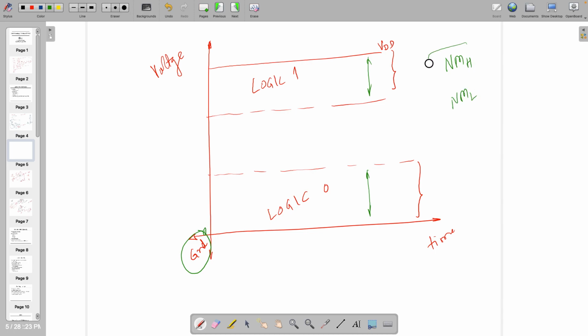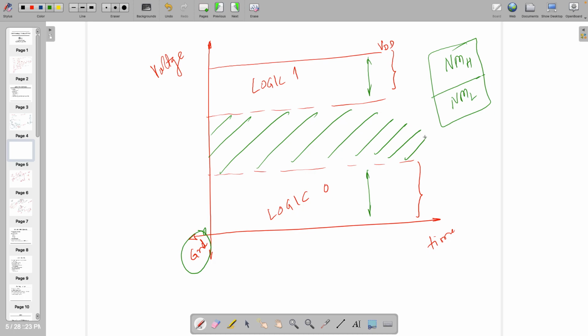There is always a noise margin high and noise margin low. This maybe you are going to study in a digital course, right? So there are always noise margin high and low. However, there is some gray area where it's an undefined state. It's neither logic 0 nor logic 1. So as the voltage is going down, it's getting very difficult to identify logic 1 and 0.